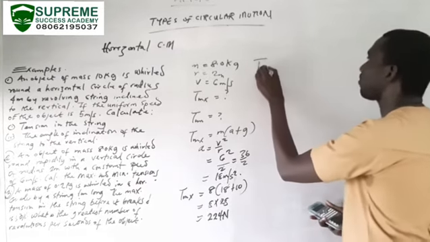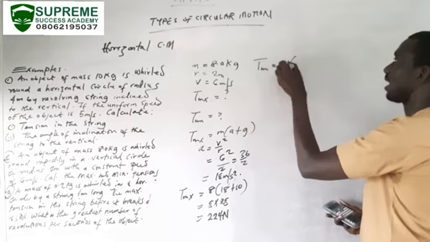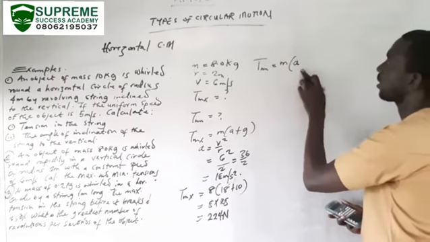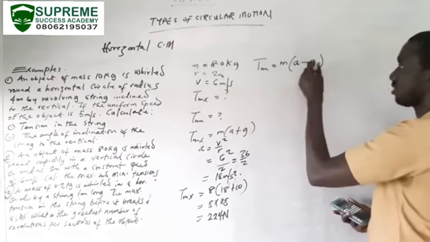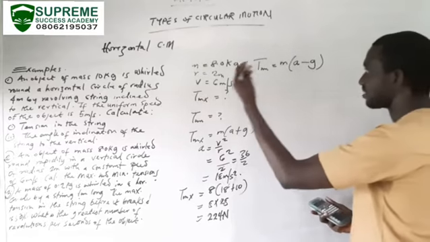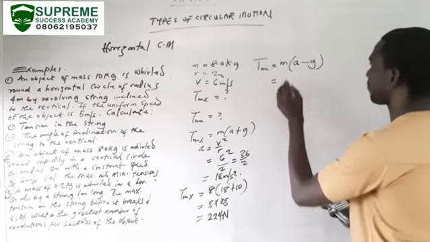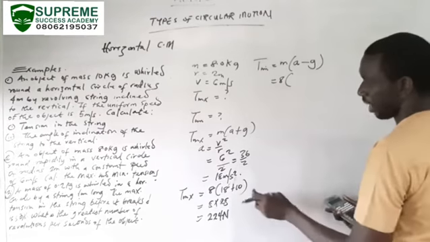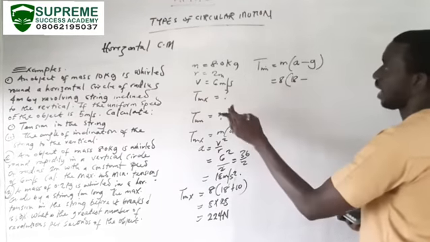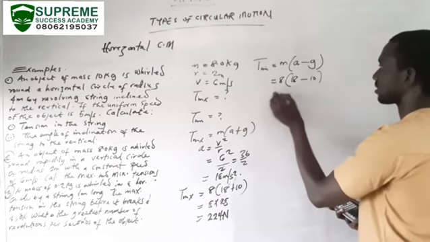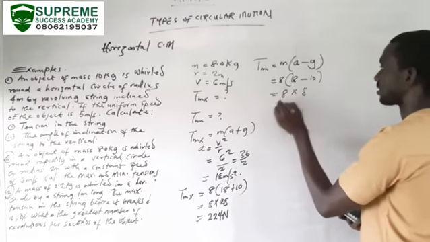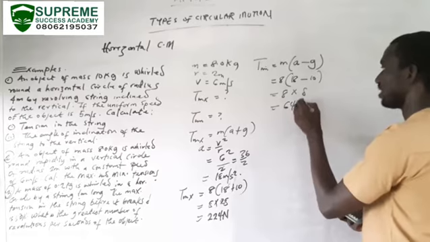Therefore, your minimum tension, we said the formula is M(A minus G). You can just look at the derivations that we've done previously. You will see this is the formula we derived for it. Your M is 8, your acceleration is 18, and your G is 10, constant. So you have 8 times 8, that's 64 Newton.